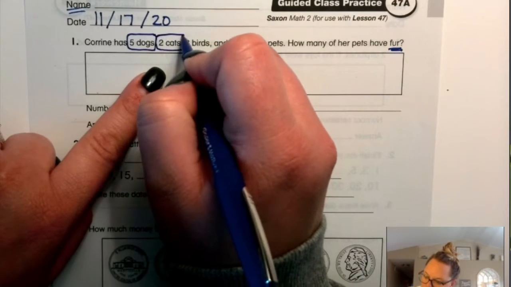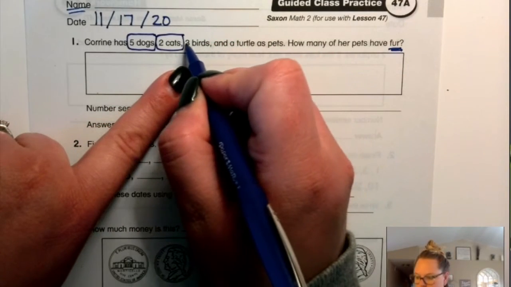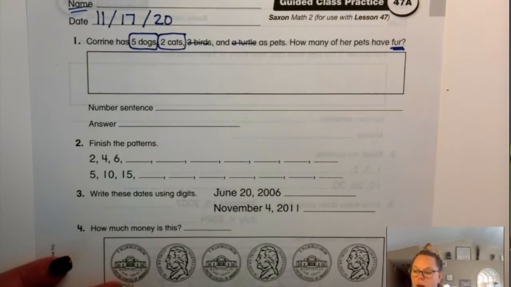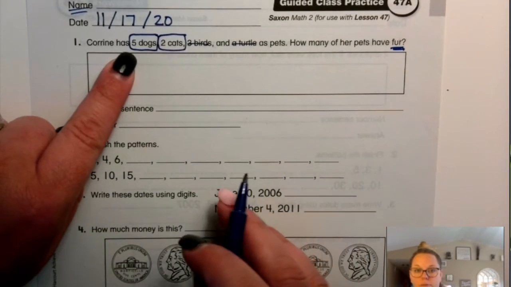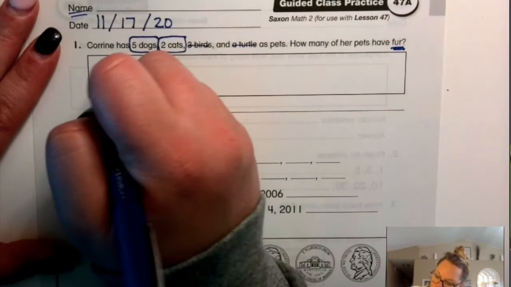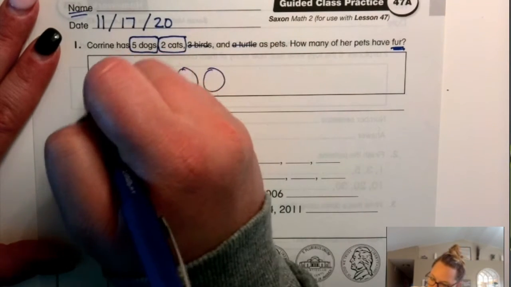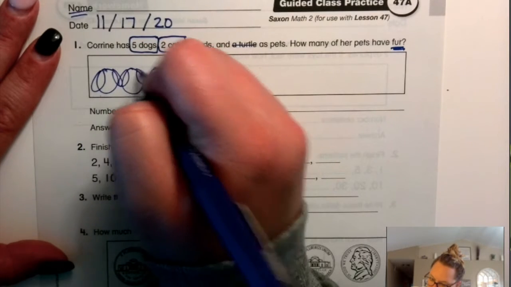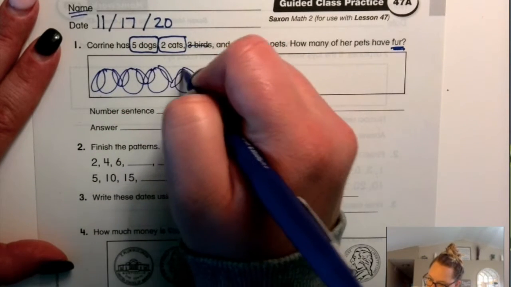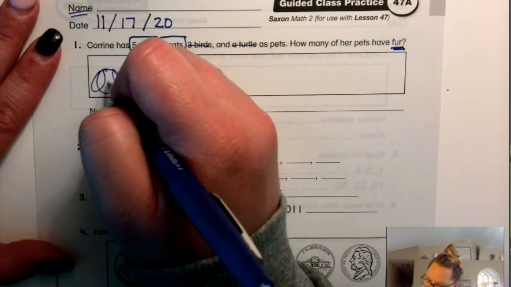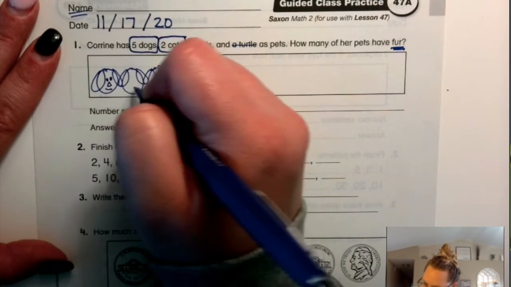Yes. Do birds have fur? Nope. Do turtles have fur? No. So how many of our pets have fur? Well, we need to draw out 5 dogs and 2 cats. It does not have to be anything fancy. Okay, don't make it anything fancy.